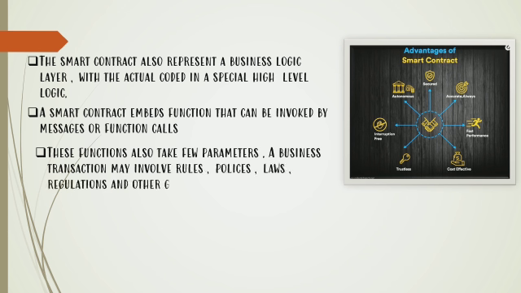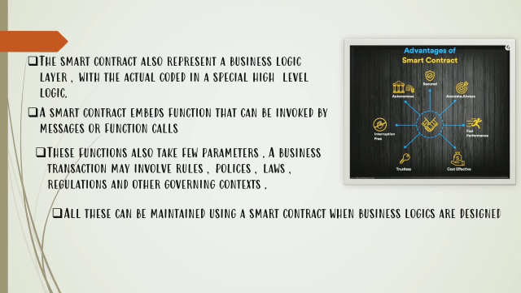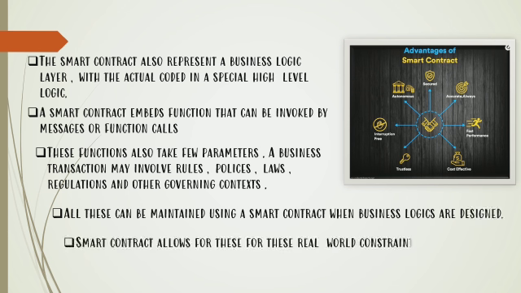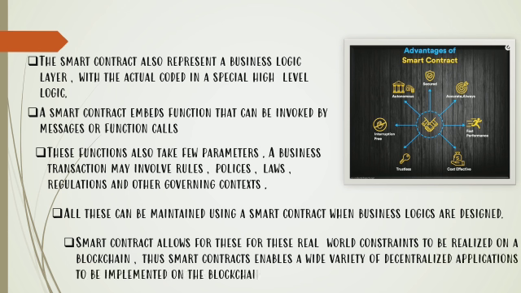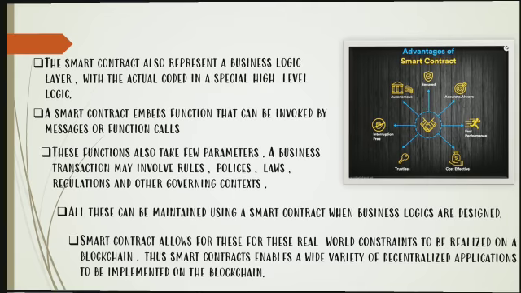A business transaction may involve rules, policies, laws, regulations, and other governing context. All these can be maintained using a smart contract when business logic is designed. Smart contracts allow these real-world constraints to be applied on a blockchain network. Thus, smart contracts enable a wide variety of decentralized applications to be implemented on blockchain networks.